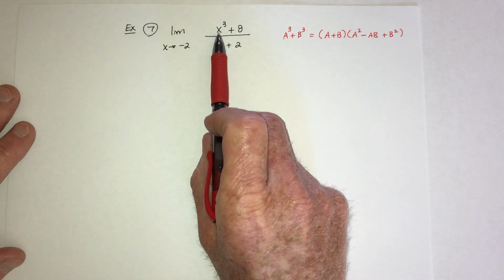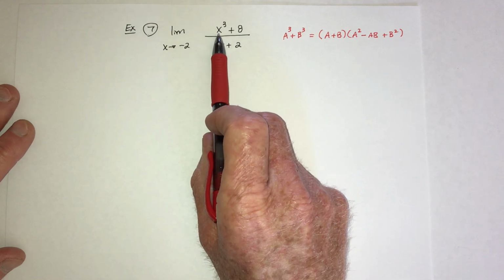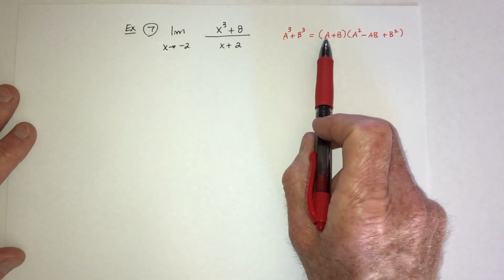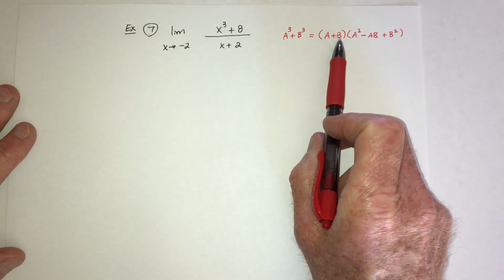Now in this case, the a and the b. So what got cubed? Here an x got cubed, and here a 2 got cubed. So this is going to be x, and this is going to be 2.